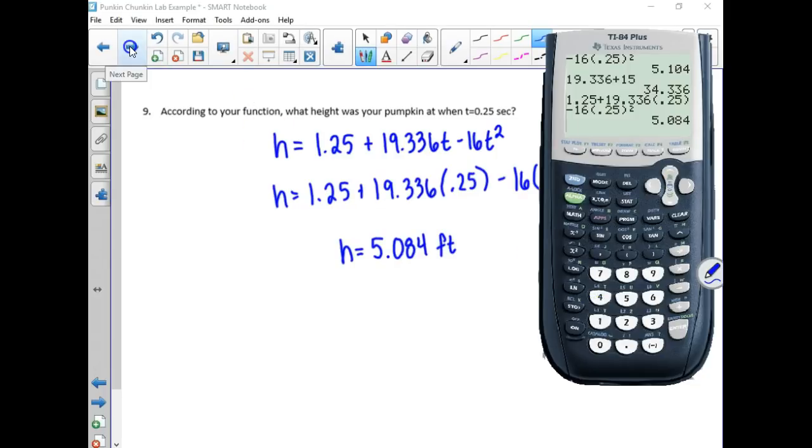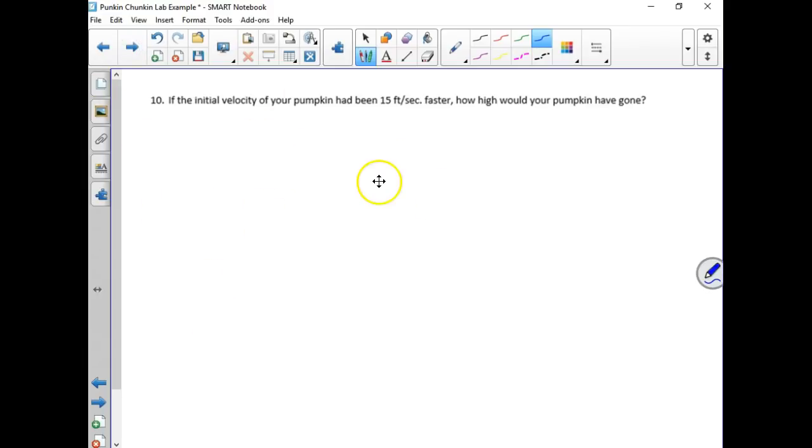For number 10, the question asked what the height would be if the pumpkin had been going 15 feet per second faster. So my original problem is 1.25 plus 19.336t minus 16t squared. This time I want to add 15 feet per second to my initial velocity here.